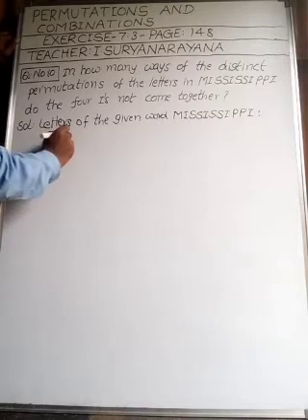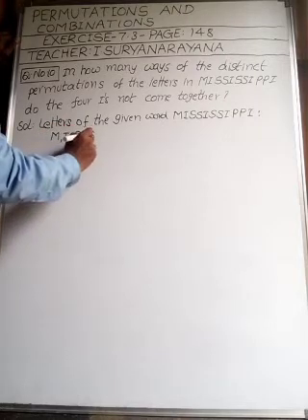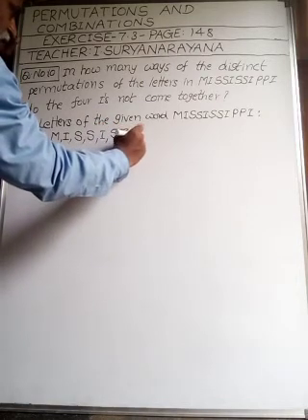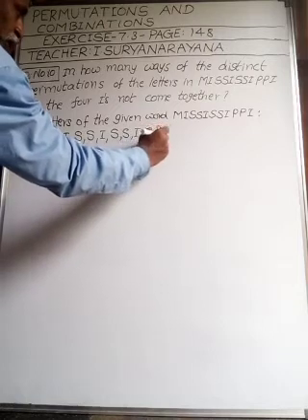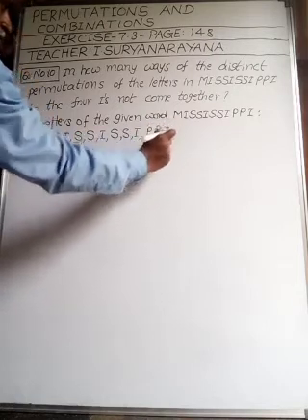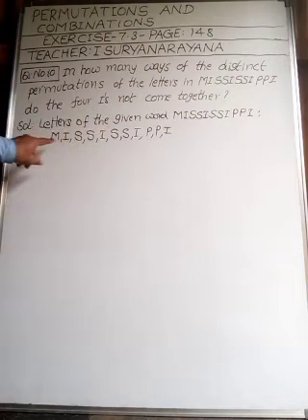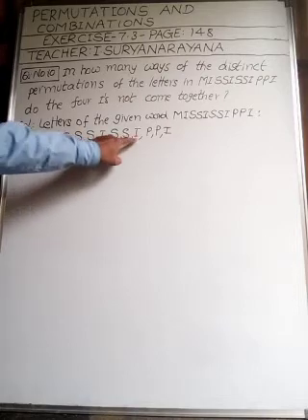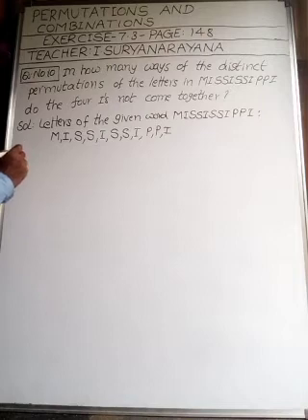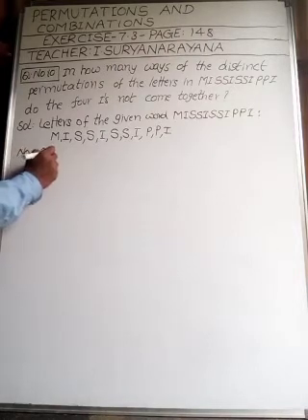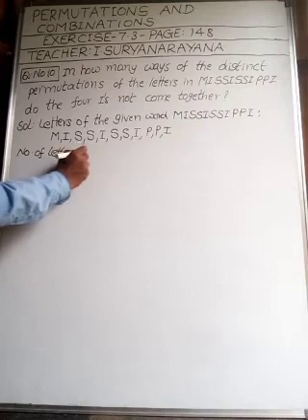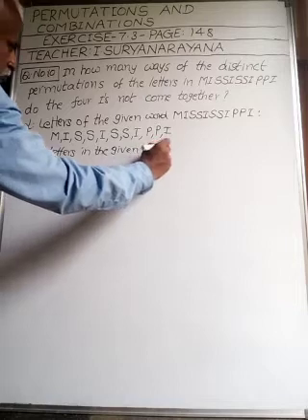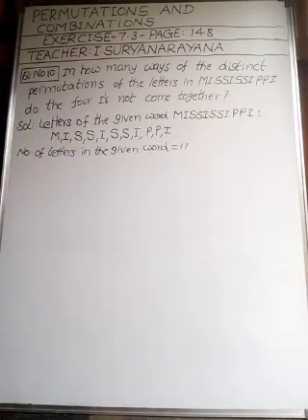M, I, S, S, I, S, S, I, P, P, I. These are the letters of the given word Mississippi. How many letters are there in this word? 1, 2, 3, 4, 5, 6, 7, 8, 9, 10, 11. Total number of letters in the given word.